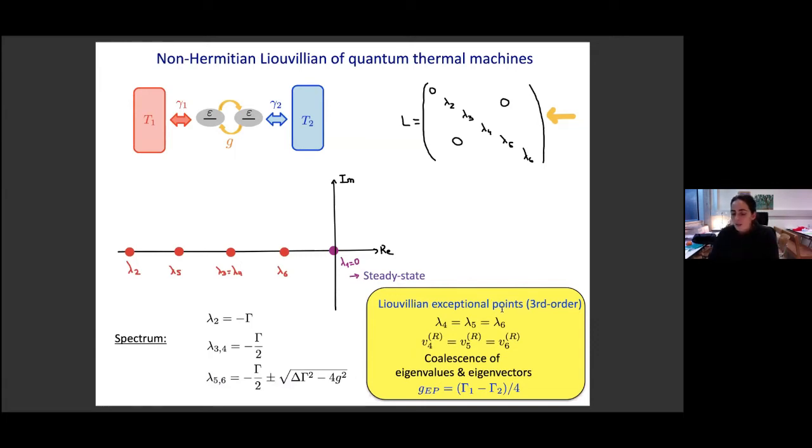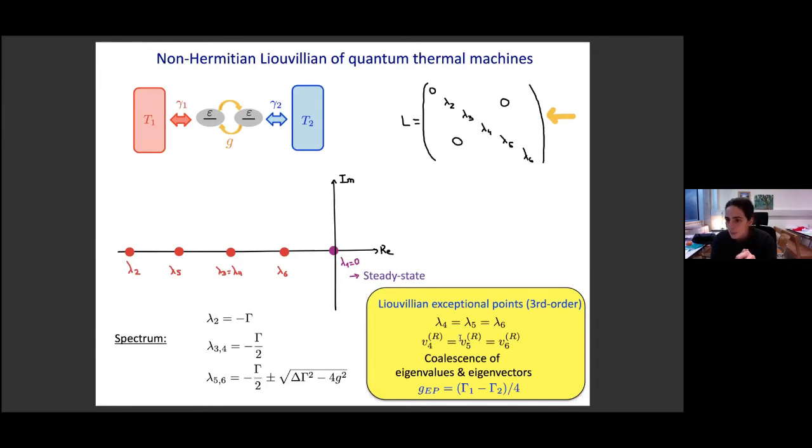Before explaining what I wrote below, let me tell you that an exceptional point corresponds to a degeneracy in your Liouvillian spectrum, as I explained before. But it's not only a degeneracy in the eigenvalues, and here you have to be careful. It's also the coalescence of the corresponding eigenvectors.